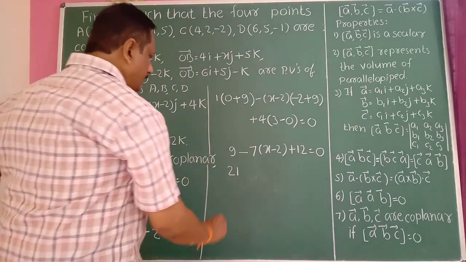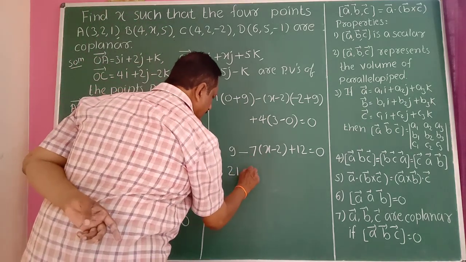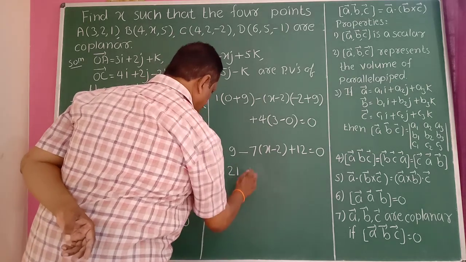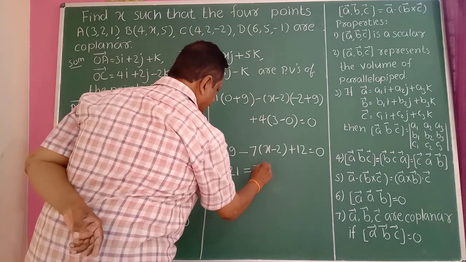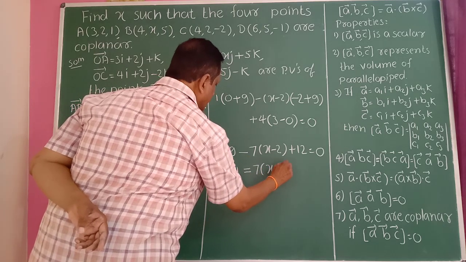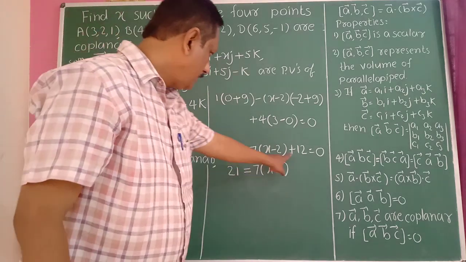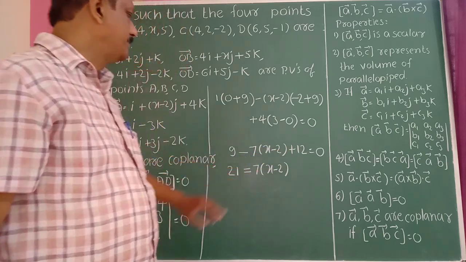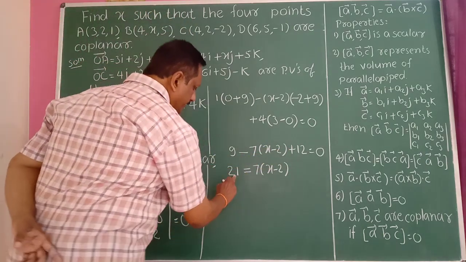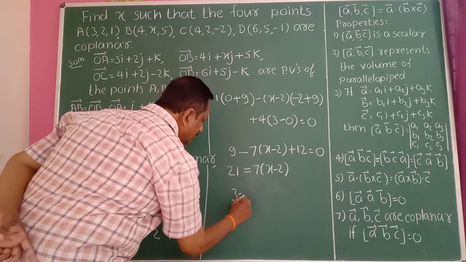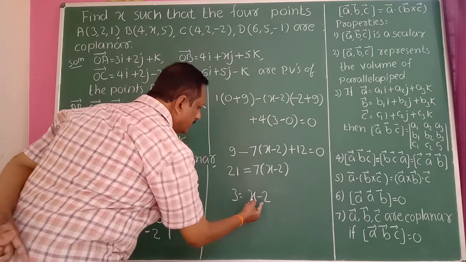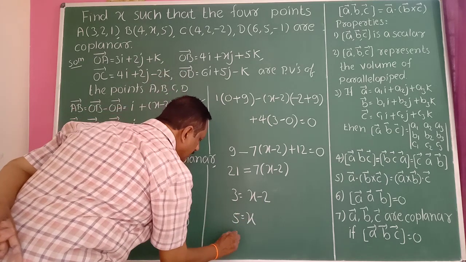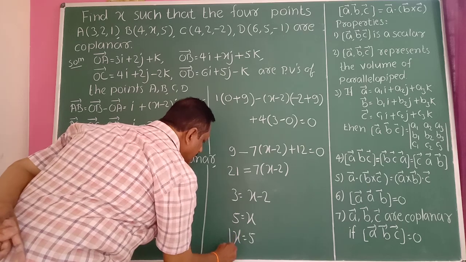Take this term, minus 7 into (x minus 2), to the right hand side; minus becomes plus here. 7 into (x minus 2), 9 plus 12 becomes 21. So 7 ones are 7, 7 threes are 21. 3 is equal to x minus 2. Take minus 2 to this side, 3 plus 2 becomes 5. Therefore, the value of x is 5.